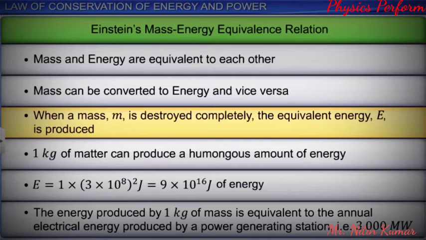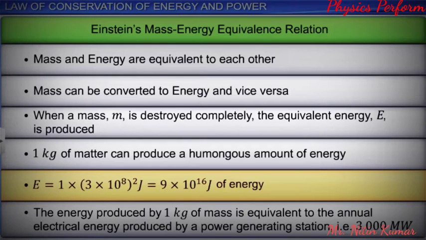Thus, according to Einstein's mass-energy equivalence equation, 1 kilogram of matter can produce a humongous amount of energy, which is E is equal to 1 × (3 × 10⁸)² joules, equal to 9 × 10¹⁶ joules of energy.